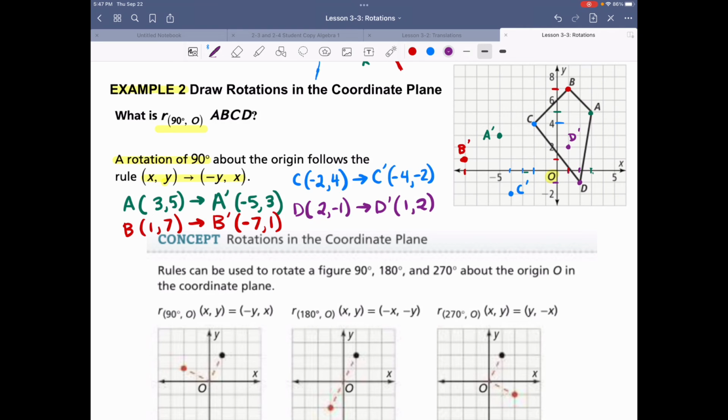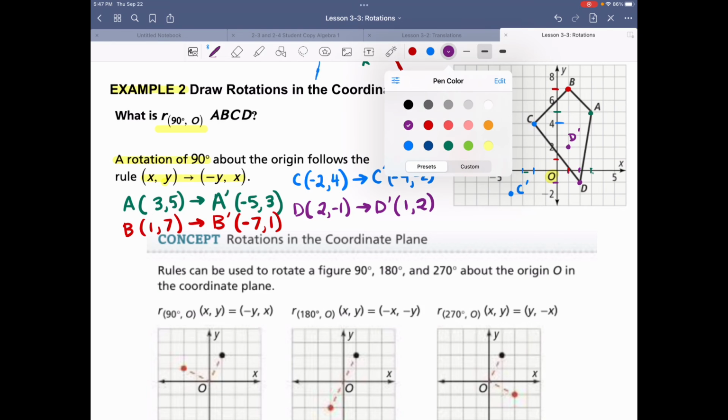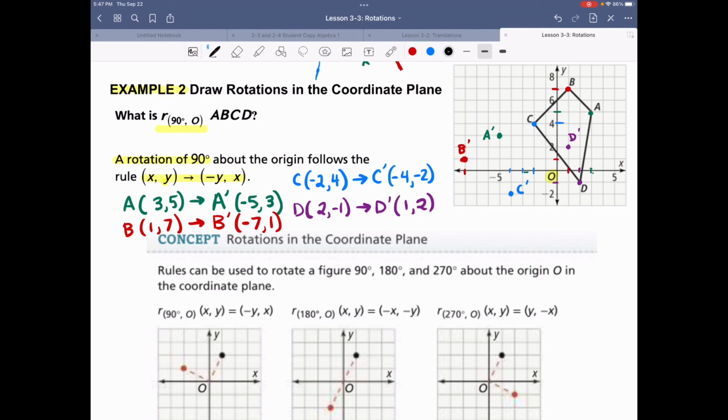Now I'm going to connect all of those dots and see if it looks like we rotated this figure 90 degrees about the origin.